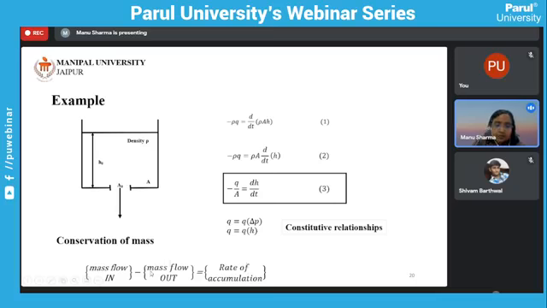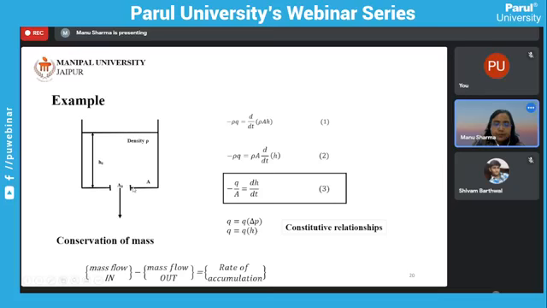What is the amount that is coming out from the system? Let's say m is the mass of the fluid that is coming out from the orifice. We know the flow rate, we can multiply it with the density, so we will get the rate of mass flow out from the system. Negative sign means it is coming out from the system, is equal to rate of accumulation.